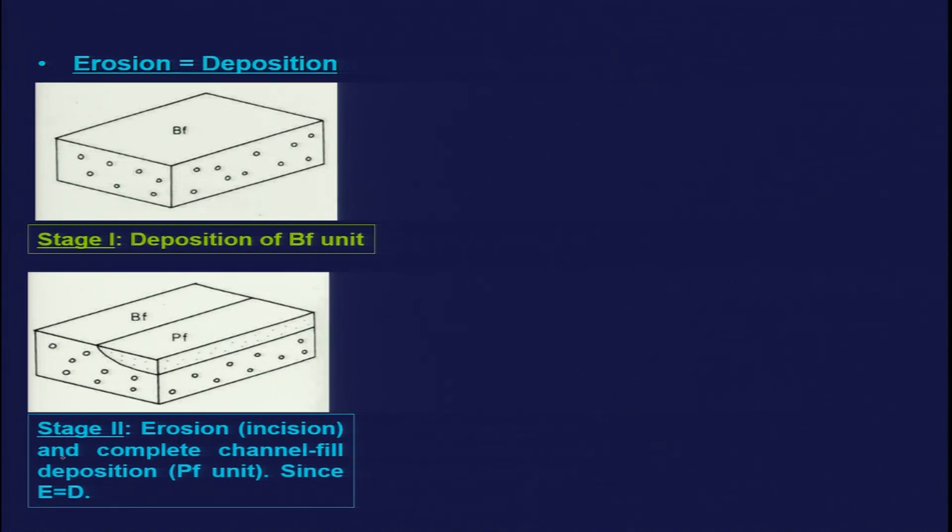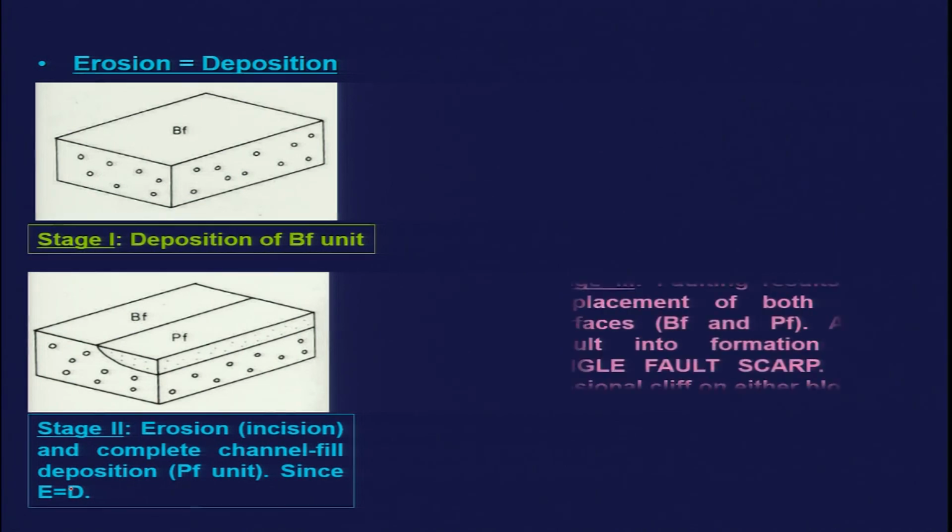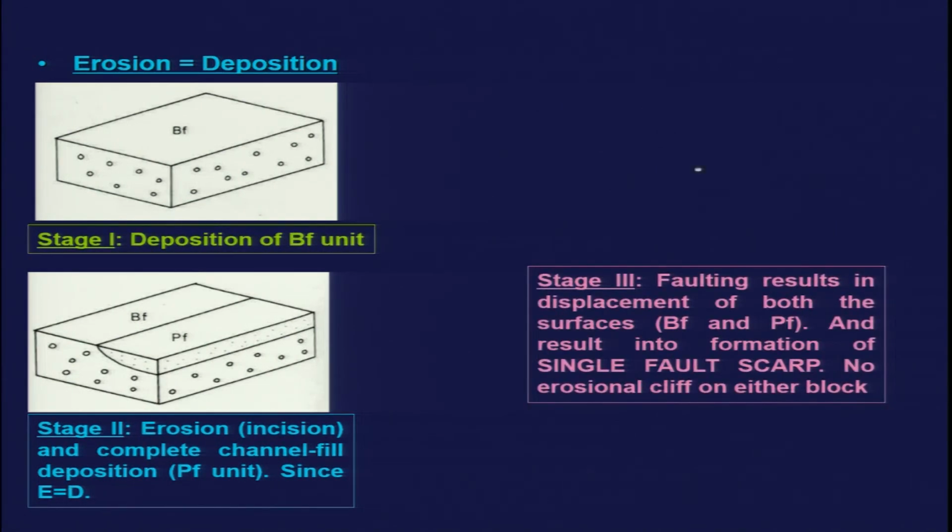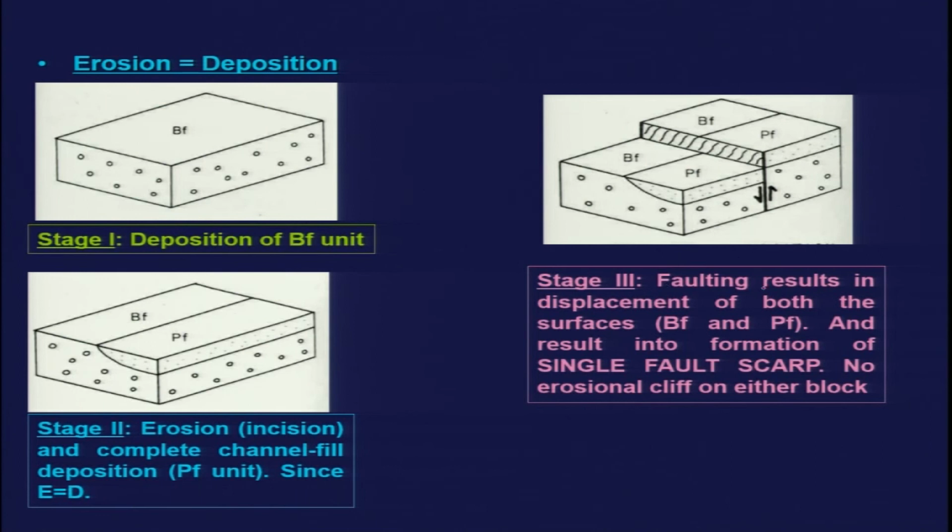So, in the second stage there are complete channel fill deposits, since E is equal to D, that is erosion is equal to deposition. Then stage 3, what we see is the faulting results in displacement of both the surfaces, okay, BF and PF, and results in the formation of a single fault scarp.